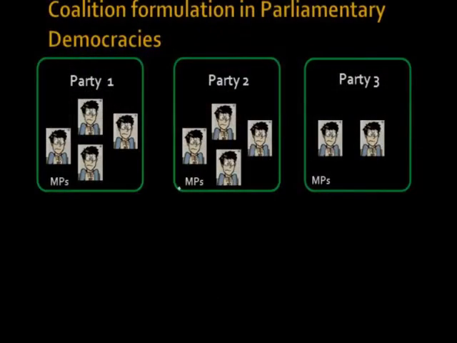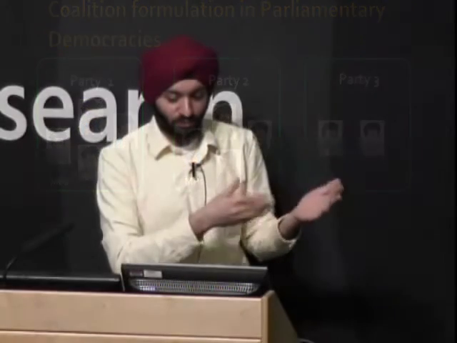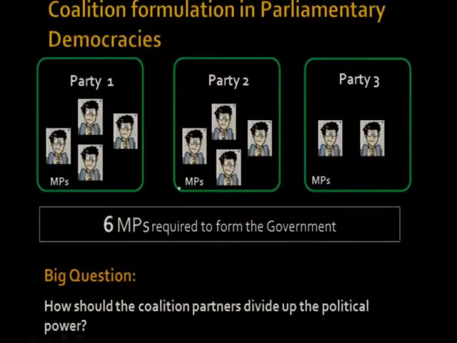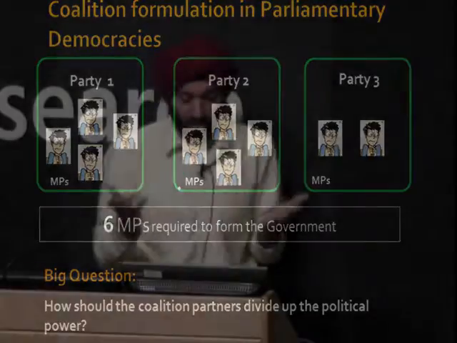This situation appears in many contexts. Suppose you have a parliamentary democracy with 3 political parties. One party has 4 MPs, the second party has 4 MPs, and the third party has only 2 MPs. If you require 6 MPs to form the government, all parties have the same power. How should the coalition partners divide up the political power?